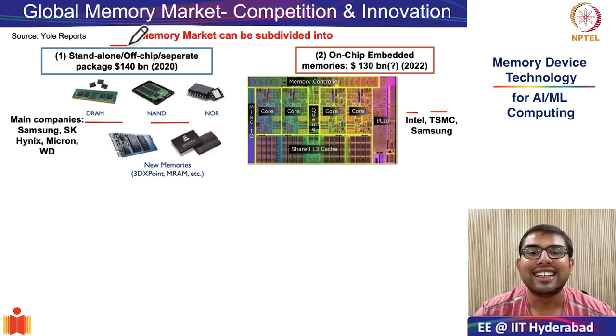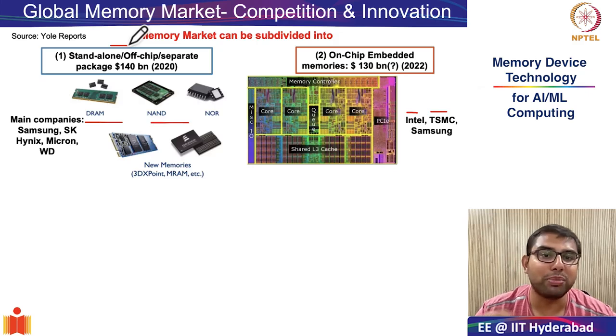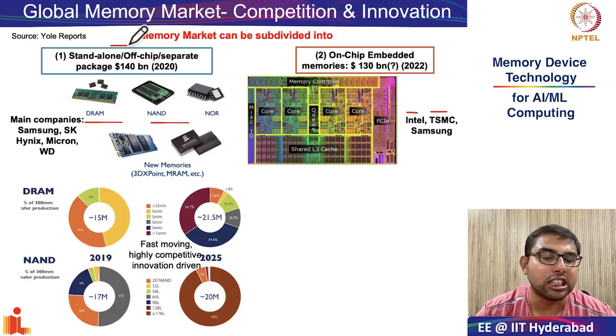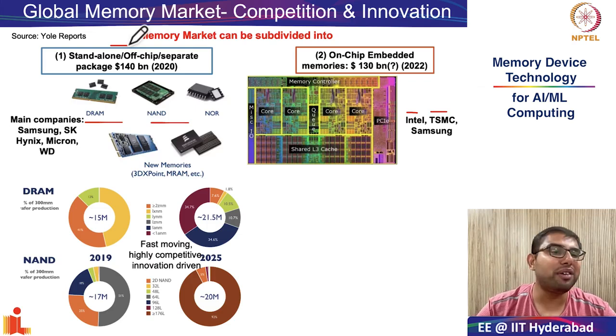Okay, so we discussed earlier that for SRAM, you don't really care about cost, but you want to optimize on performance. There are two other important factors that we saw when we were looking at global memory market trends. The first was recognizing the fact that the global memory market is very, very competitive.